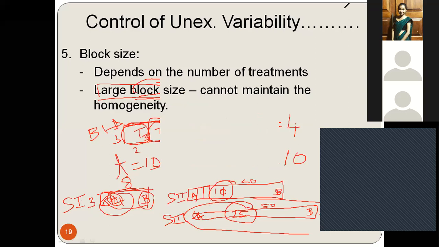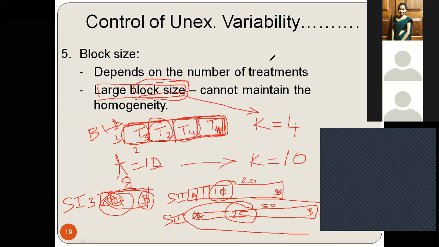Why? Because the block size is very large. So if the block size is large, what is the problem? We cannot maintain the homogeneity. That is one of the problems.